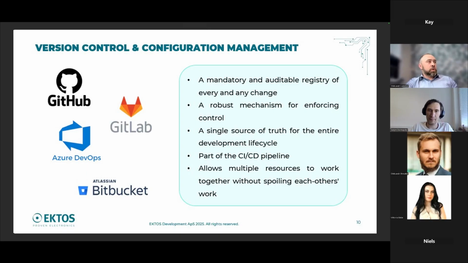When we look into the next part of the taxonomy, I think all these names are familiar, but what is super important is to have version control and configuration management in place before you start the process of development. And I know many of you will say today that, well, everyone has that.